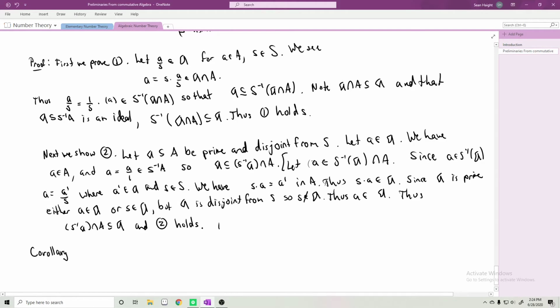I should give myself a little proof box. So the corollary, we're going to let A be an integral domain, and we're going to let S be a multiplicative subset.